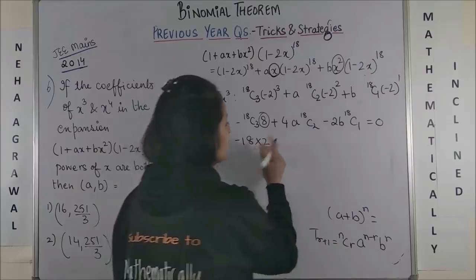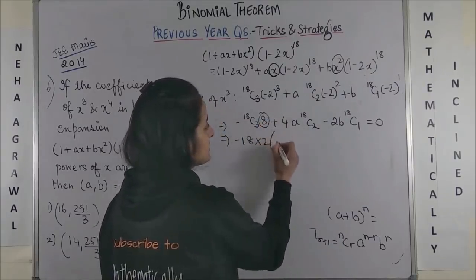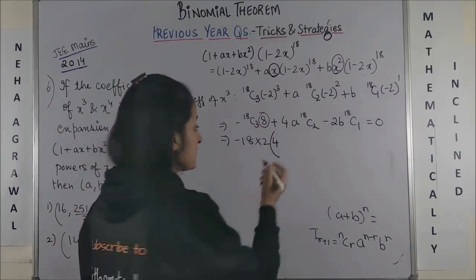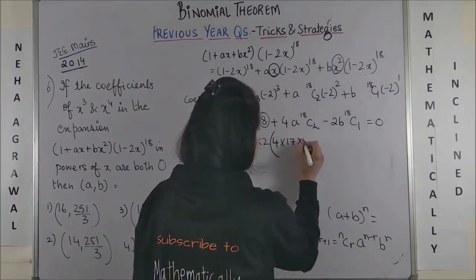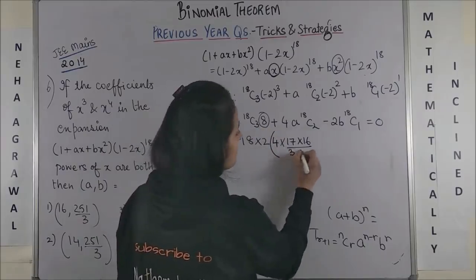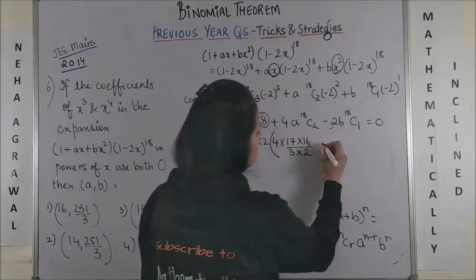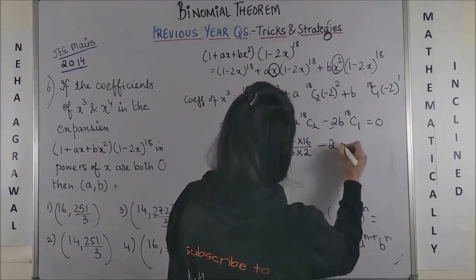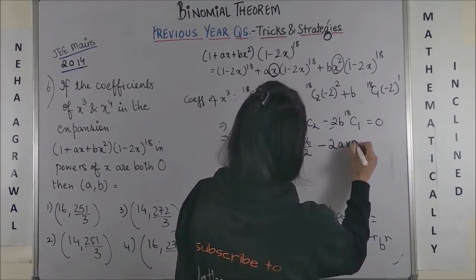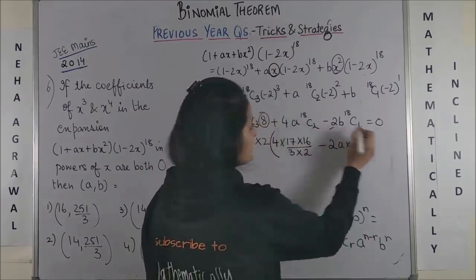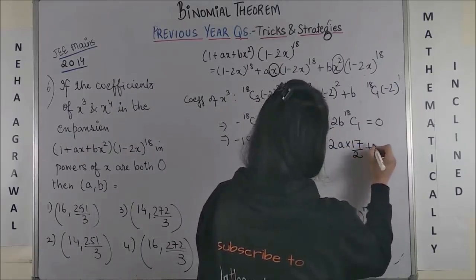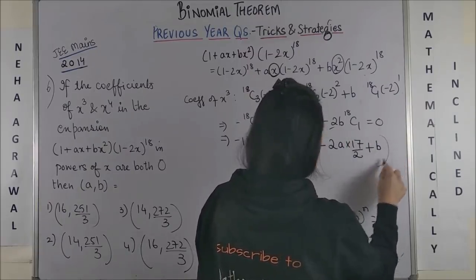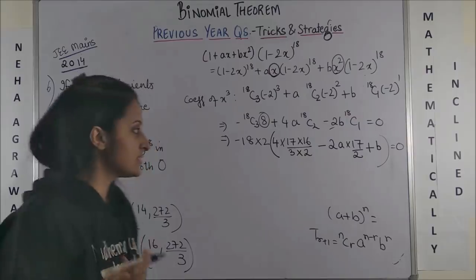Please note, since we've taken minus 2 common, this is 8. We have taken 2 common, so 4 is left. 18 comes out common, so inside we are left with 17 into 16, and 3 factorial would give you 3 into 2. So the minus sign is already common, so we are left with minus from here 2a into 17 by 2, and here since the minus sign is common, plus b, and this would be only b, that's it, because 18 is taken common, 2 is taken common.